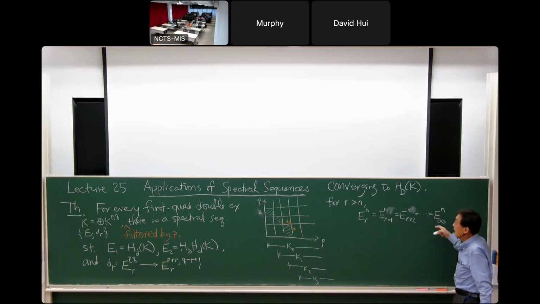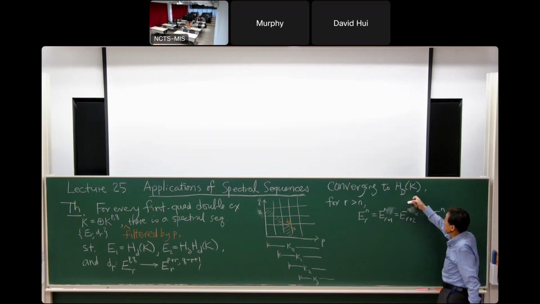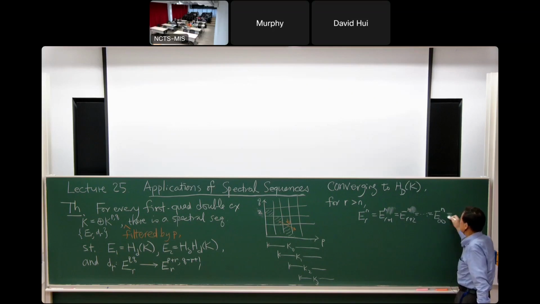And to say that it converges to the total cohomology means that this E infinity is the associated graded complex of the total cohomology.